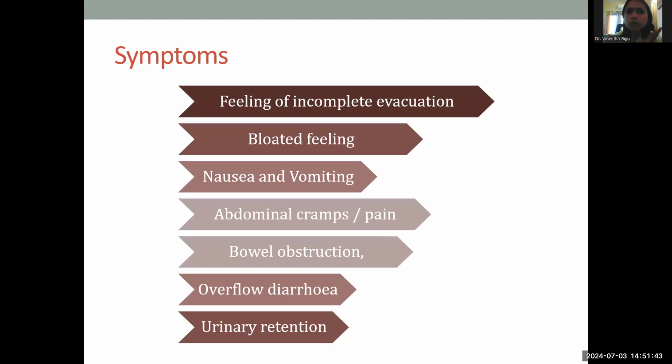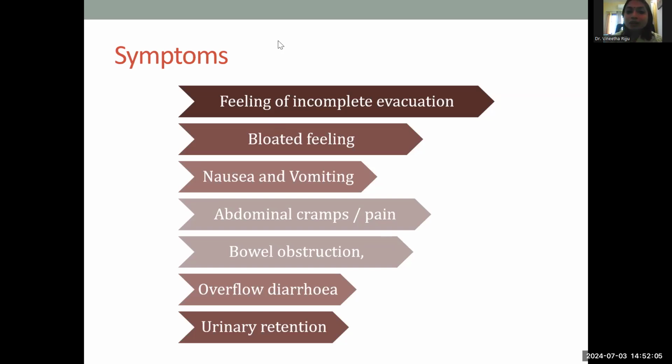So now that we know these are the symptoms that your patient could come to you with, what are the causes? What are the causes for constipation?